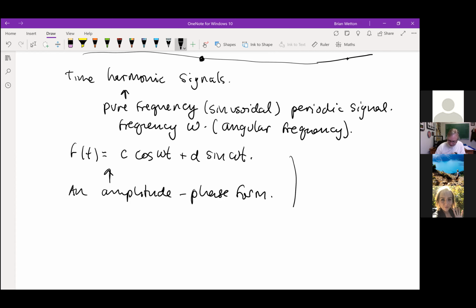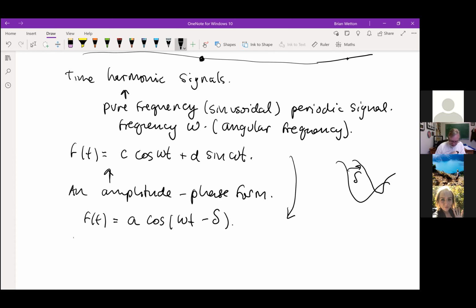So this same signal can be written in a number of different ways, right? And one of the ways you can do it is to say, I want to know what the amplitude of the signal is, right? And it's going to be a cosine term, but with some phase change, right? So it will be not a cosine wave, it will be shifted over an amount, okay?